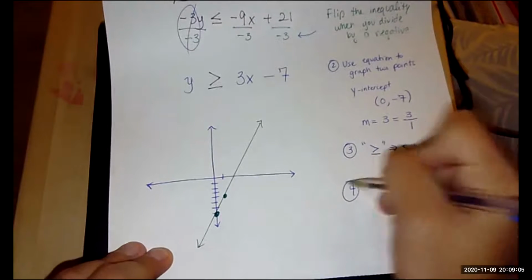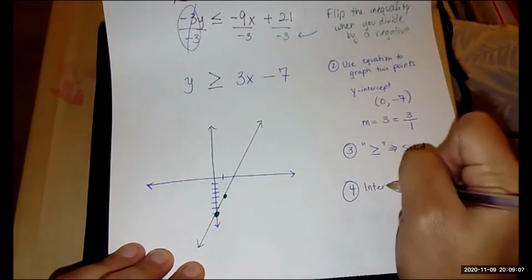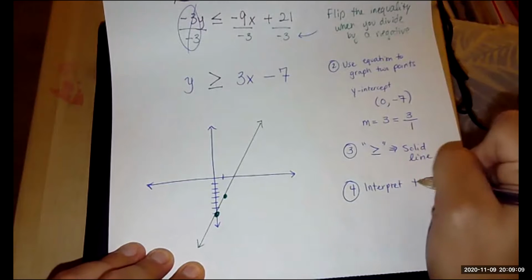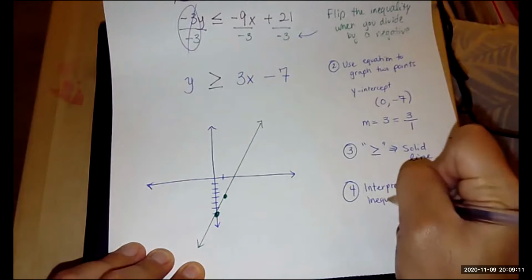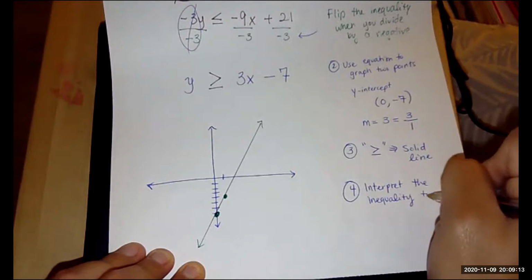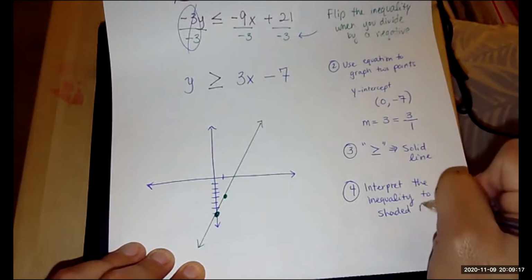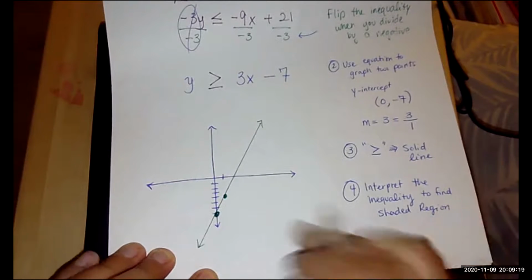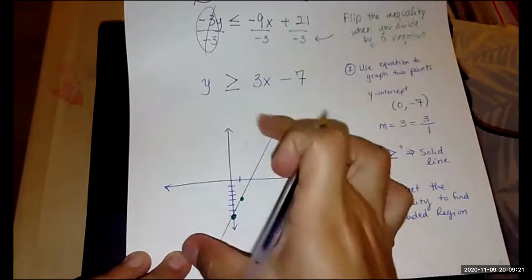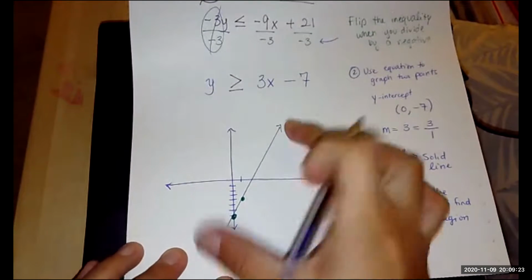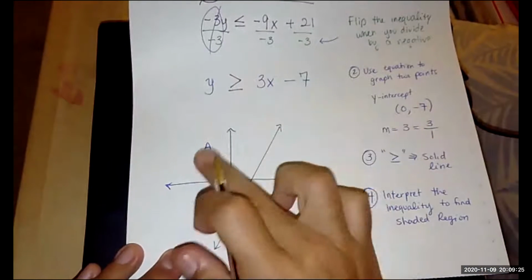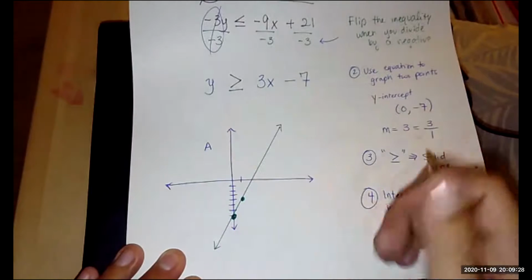And the fourth step is just to interpret the inequality to find the shaded region. So what I mean by that is that there's going to be a region above this green line that I drew, and let's call it region A, for above.